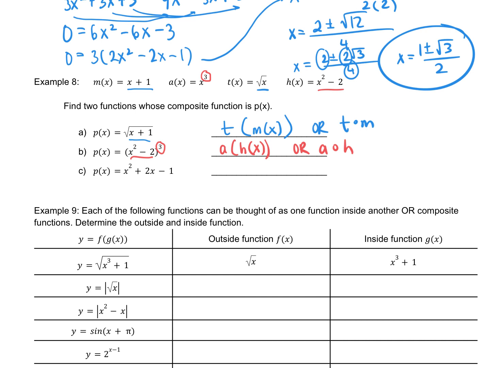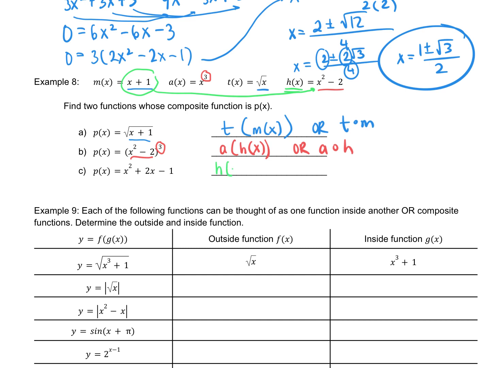Finally, c of x is x squared plus 2x minus 1. There's nothing that looks quite like this. However, there does have to be something quadratic involved. So I'm thinking h of x needs to be involved somehow, and maybe this linear is being put into that x squared, and then when it's expanded, it matches. So we could give it a try.